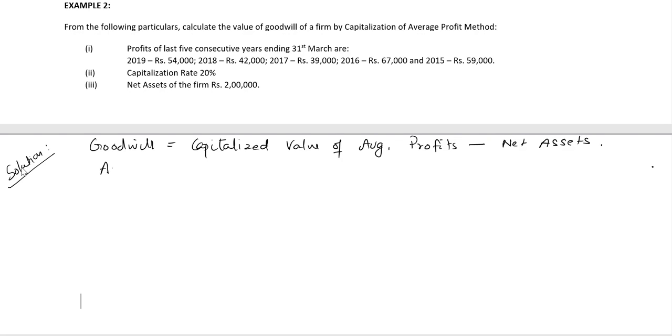We need to get the average profits. We'll do the working note at the bottom. It's a simple average which we need to take. So we'll add up all the year's profits.